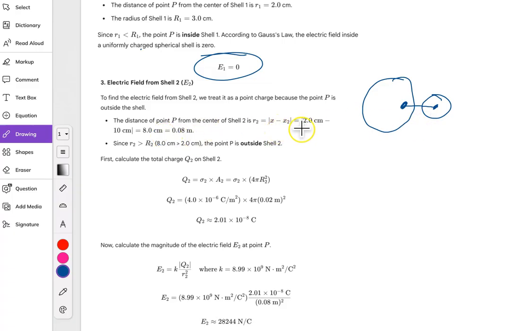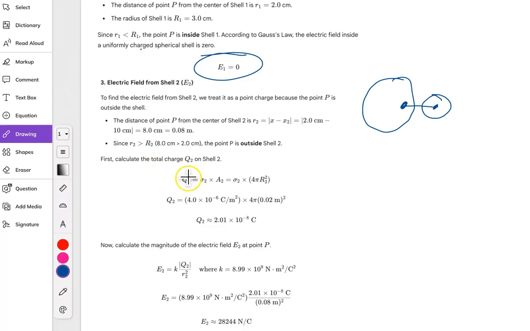And the way we did that is we just said we know that we want to go from that 2 centimeter to the 10 centimeter, and so when we go through and solve for that, we end up with that 8 centimeters. This is somewhere outside of shell 2, so now we can actually go through and solve it.